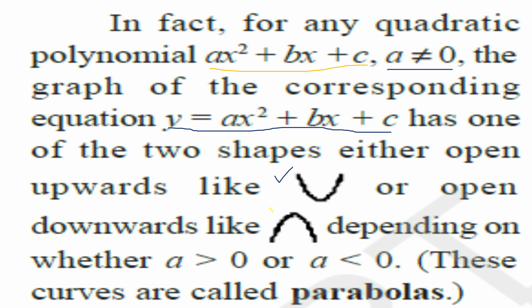Hope this point is clear to you. This is very clearly mentioned in your NCERT textbook, so you can refer to the textbook and read it again. That will make more sense to you, depending on whether a is greater than 0 or a is less than 0. These curves are called parabolas. So you can refer to your textbook and go through these slides again.